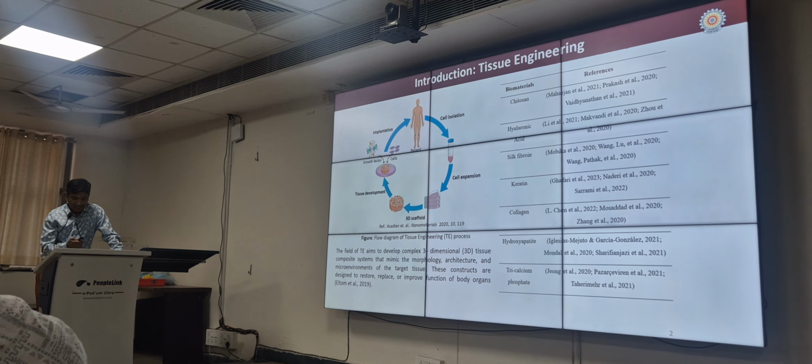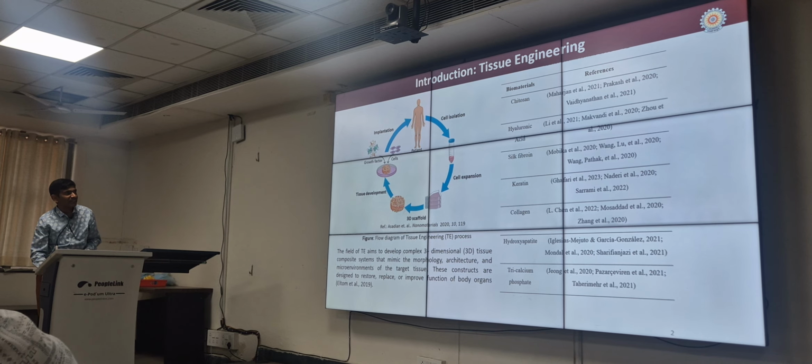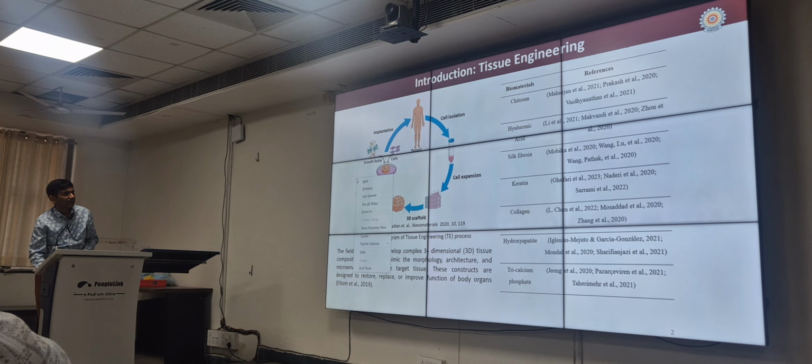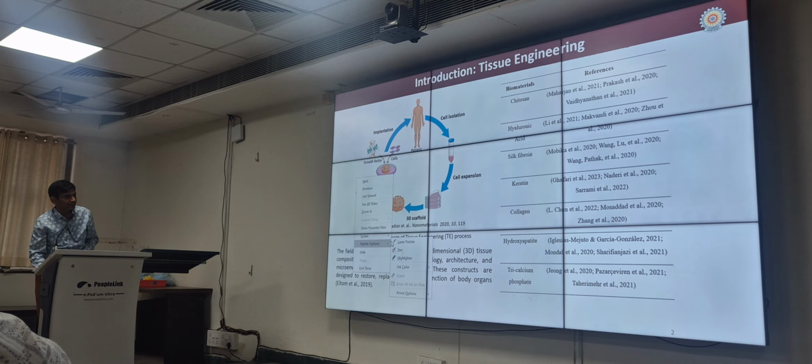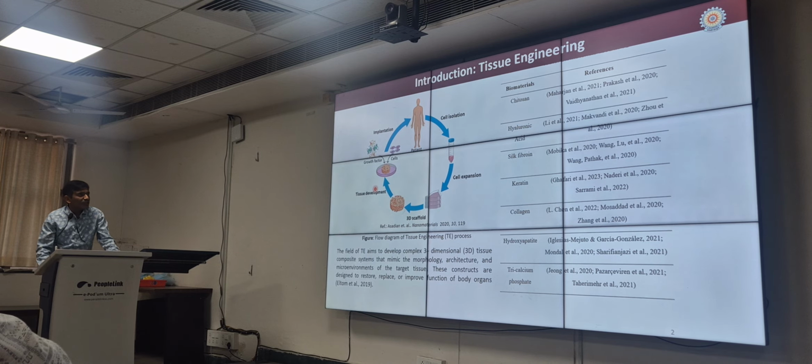So here is a simple example you can see. The cells that we get from the body are expanded and we get some kind of 3D scaffold support, so that they can be grown further and, with the help of further cells and growth factors, can be implanted into the body itself.